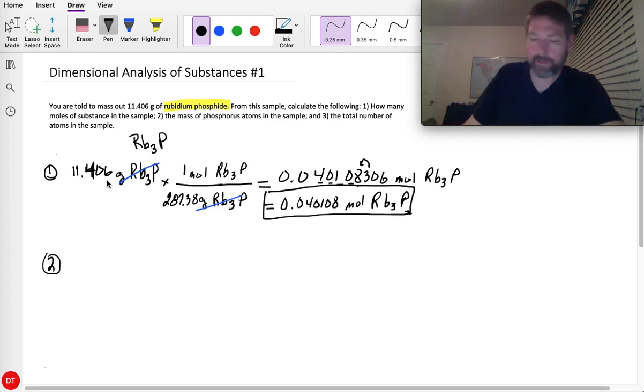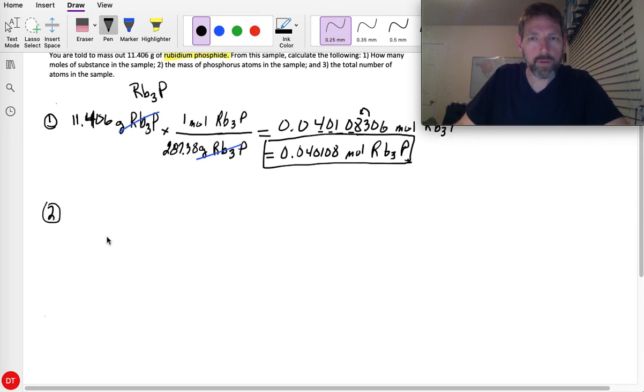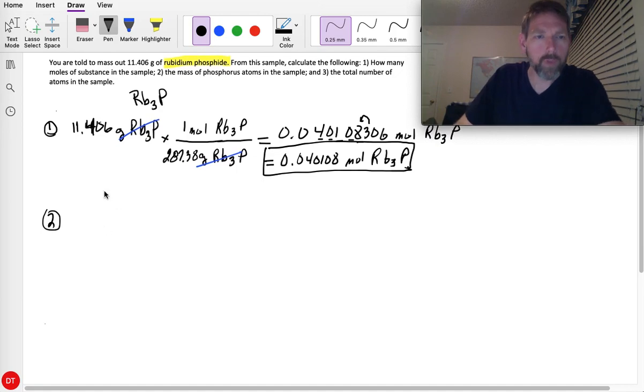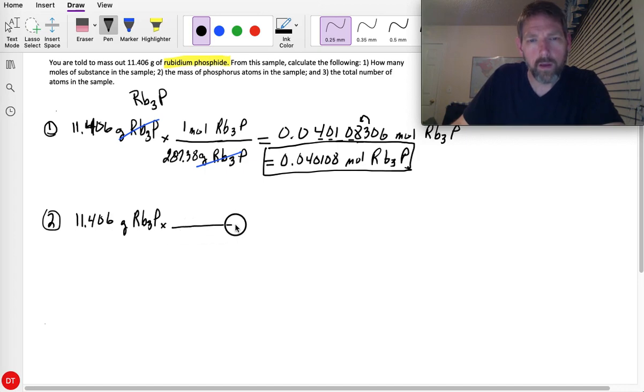So let's get started. So let me move this up a little bit for us. All right. So we've got 11.406, and that is grams of rubidium phosphide. All right. So we already know the molar mass here, right?